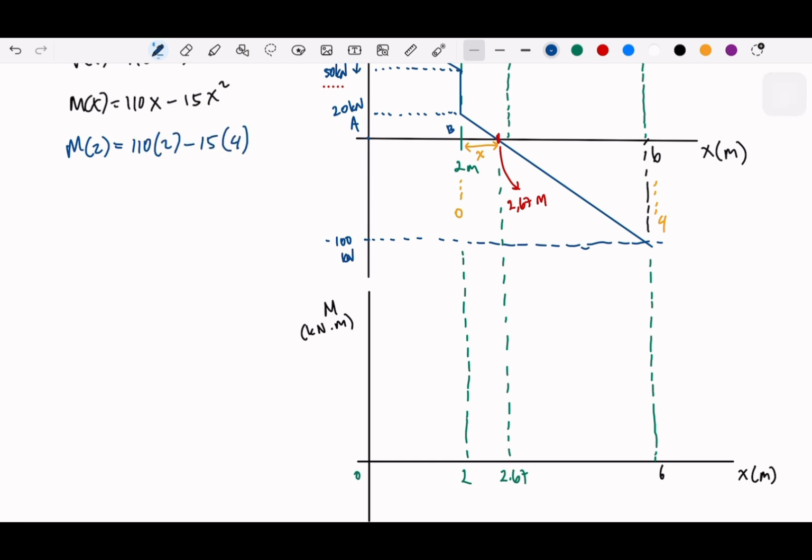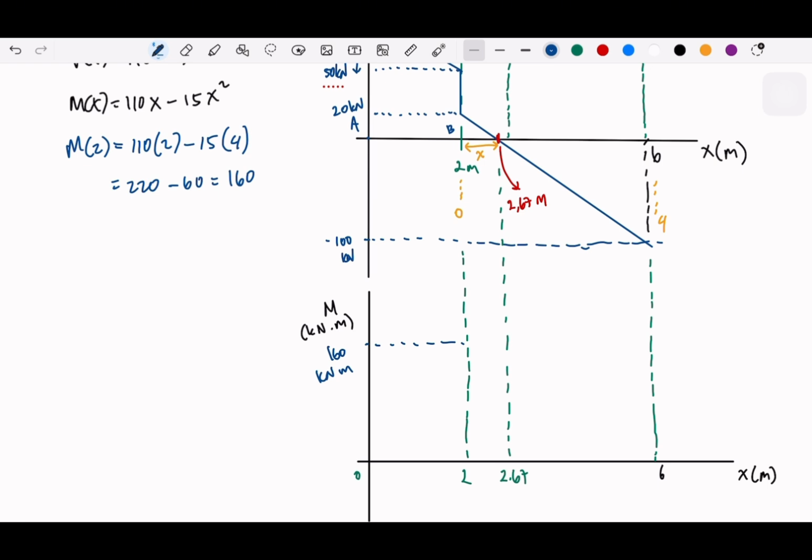So this will be 220 minus 60, which is 160, right? So that means at 2, maybe here, this will be 160. Is this maximum? I think it's not maximum. Maximum is at 2.67 when its gradient is changing.